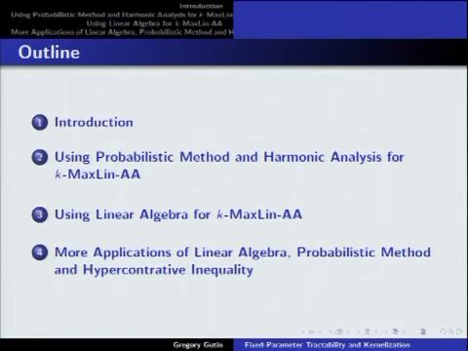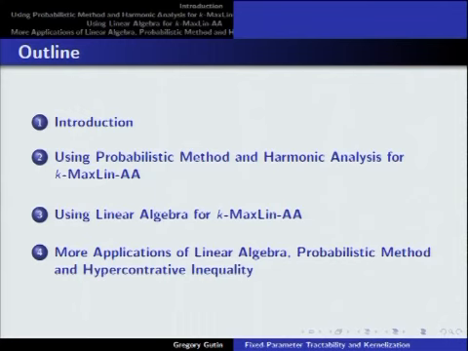Now, it's four parts. Introduction, where I will try to explain what is fixed parameter tractability and kernelization. A very short introduction to parameterized complexity and algorithms.